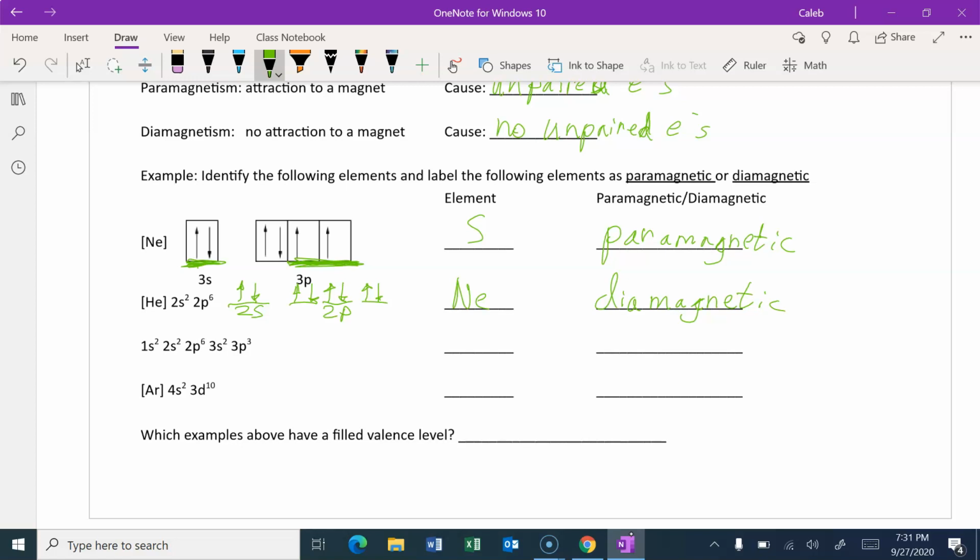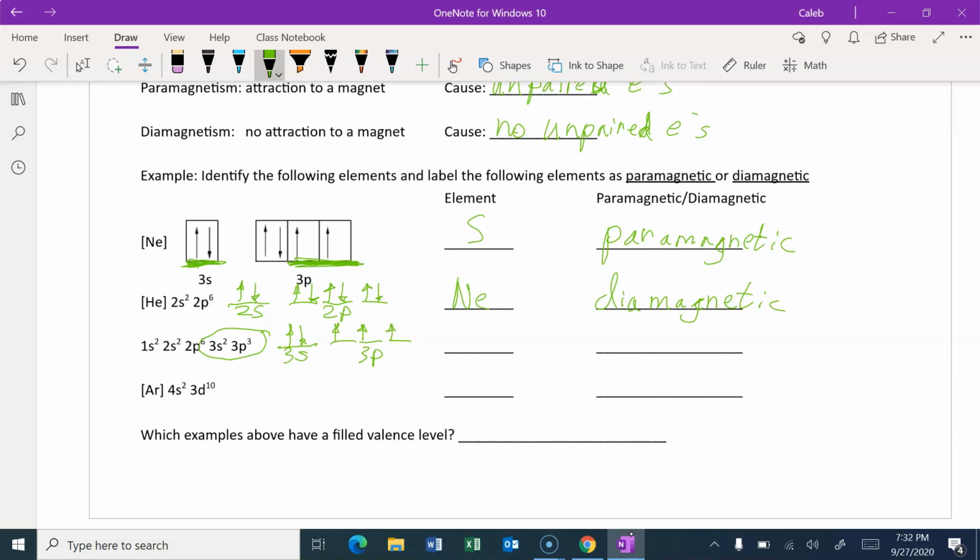And then we have 1s2, 2s2, 2p6, 3s2, 3p3. We got to draw those last couple. So 3s2. Then we have 3p, 1, 2, 3.